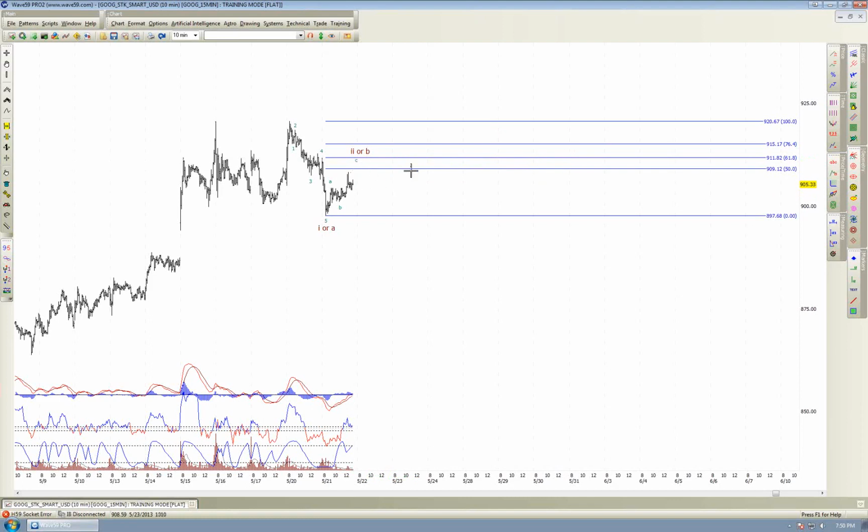It's possible we're dealing with an ending diagonal here, which is going to retrace up, expanding ending diagonal to give us that 5th wave in C. So if you did enter short and you saw this, depending on how much room you wanted to give it, and depending on your position size, which would hopefully allow you to give it enough room to retrace to the 0.50 or 0.618, you could allow it to do so.